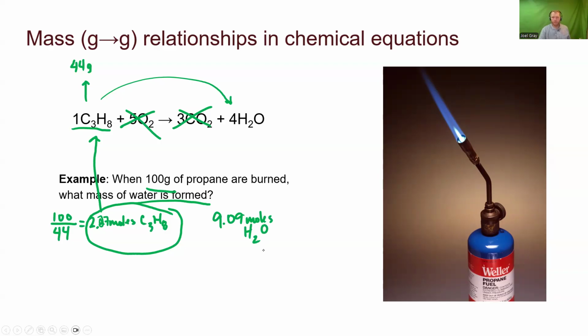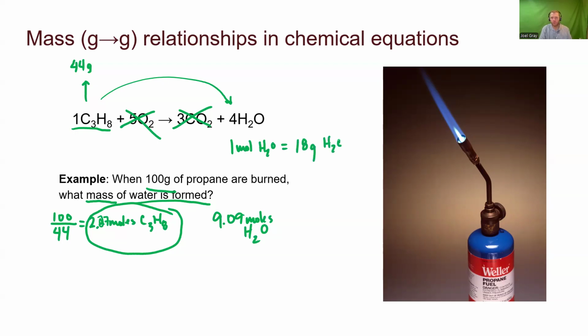Great. Now, when we got 9.09 moles of H2O, is this question asking us specifically about moles of water that are formed? No. It's asking us for the mass. So we need to use the molar mass of water to figure out the total mass of water that's produced. 1 mole of H2O has a mass of 18 grams.